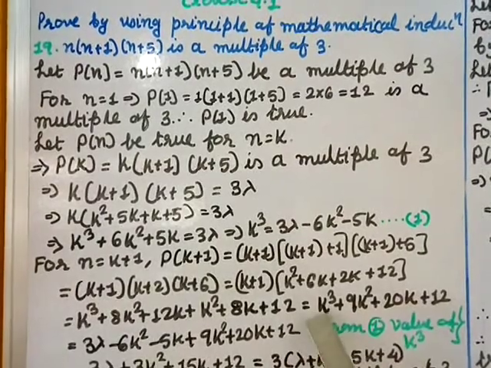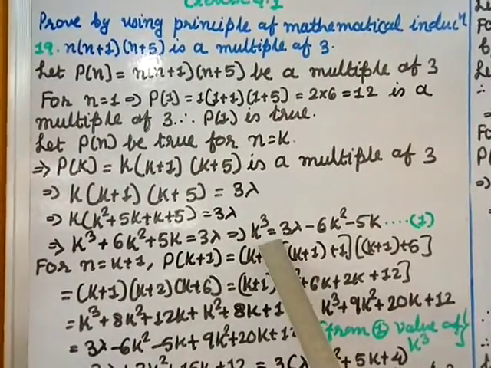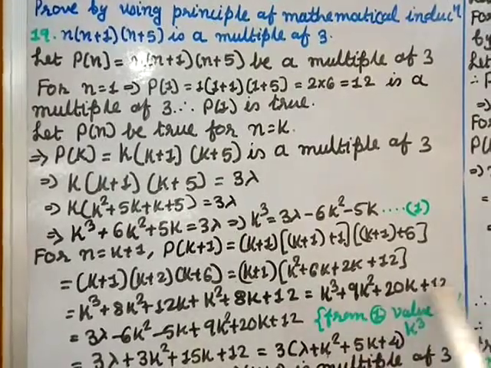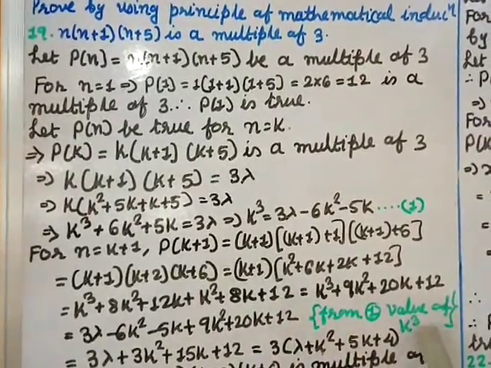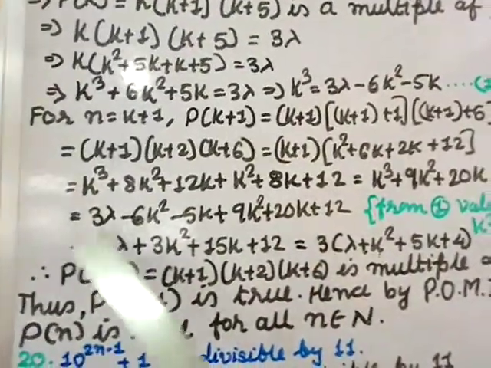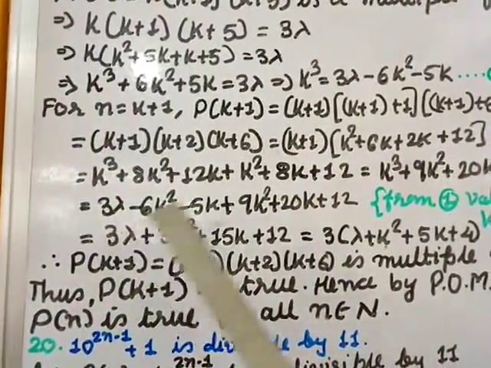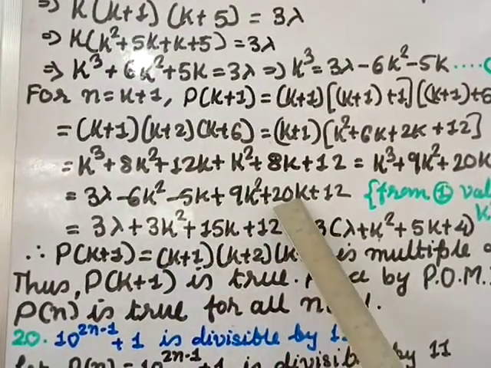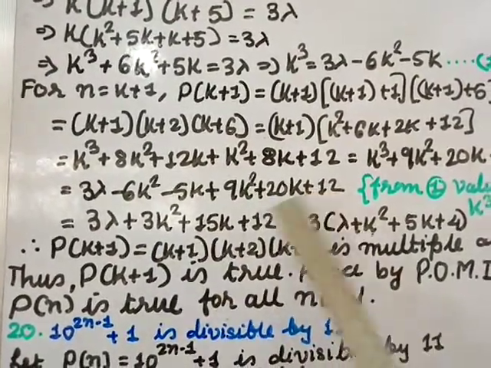Now for k cube, from equation 1 I can put 3 lambda minus 6k square minus 5k, and the remaining terms as they are. Now combine together the like terms. So 3 lambda minus 6k square plus 9k square gives you plus 3k square. Minus 5k plus 20k gives you plus 15k and plus 12 as it is.